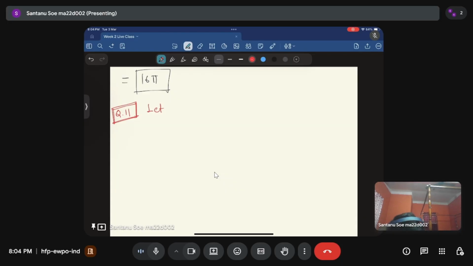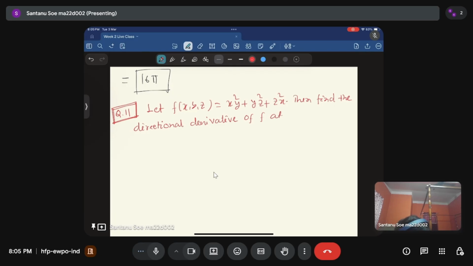So let f equals x square y plus y square z plus z square x, then find the directional derivative of f at the point 1, minus 1, 2 in the direction of the point Q equals 3, 0, 6.